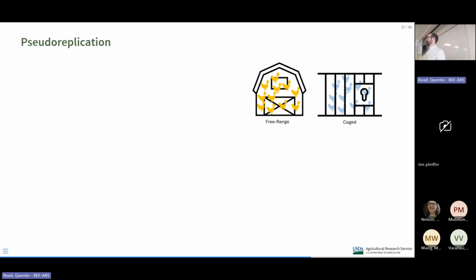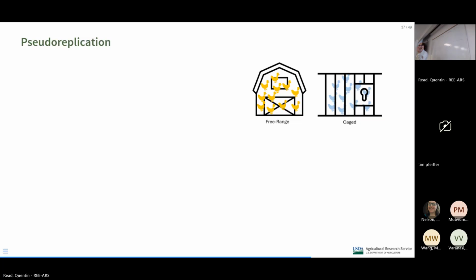Pseudo replication is a term you may have seen. This is a study that I had to consult on recently, where they were looking at whether free range versus cage hens had different egg quality or something, but they measured a bunch of hens or different groups of hens, but all the free range hens are in one facility and all the cage hens were in another facility.